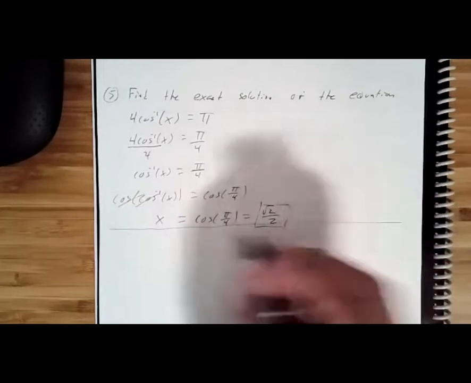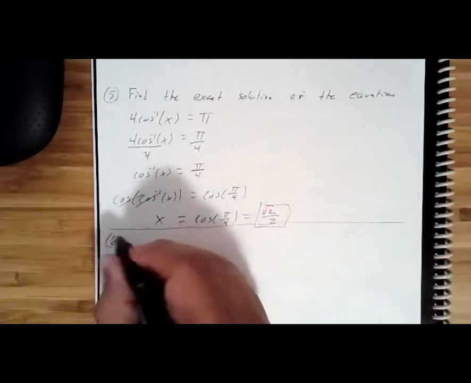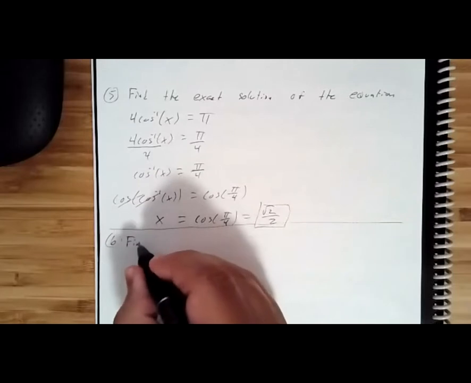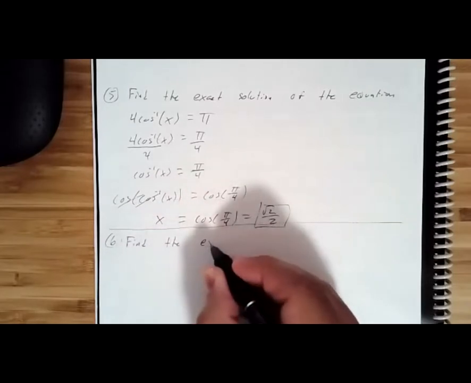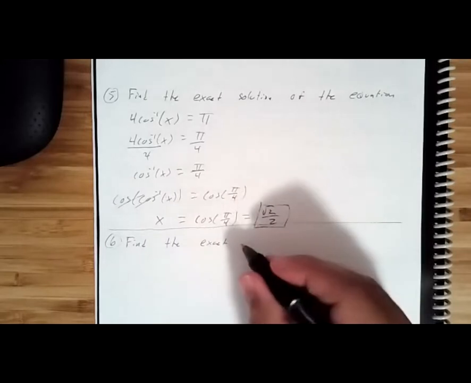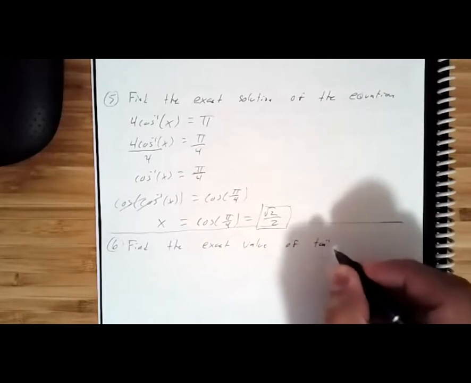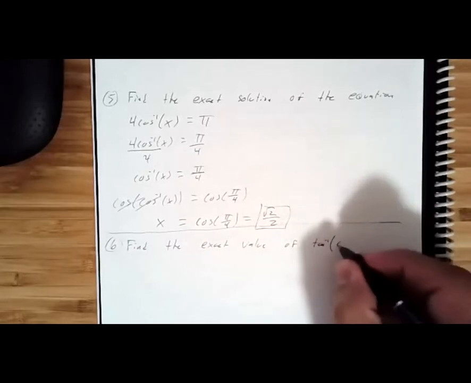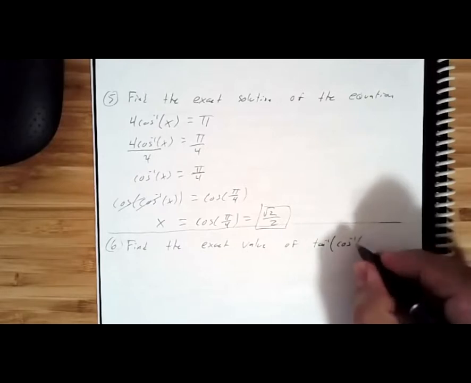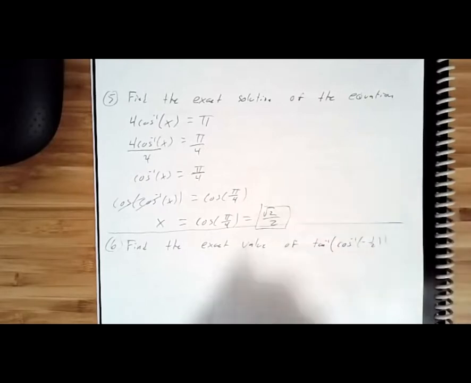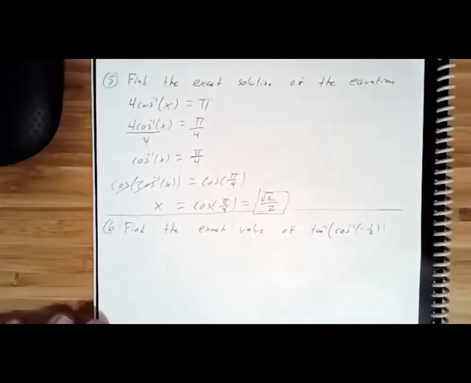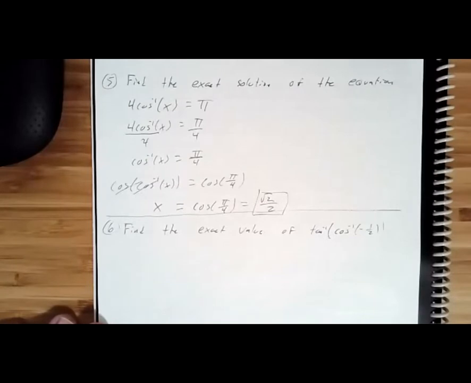Move on to 6. 6 seems a little different. Find the exact value of tangent of cosine inverse of negative half. So remember here we said we have to use the triangle.